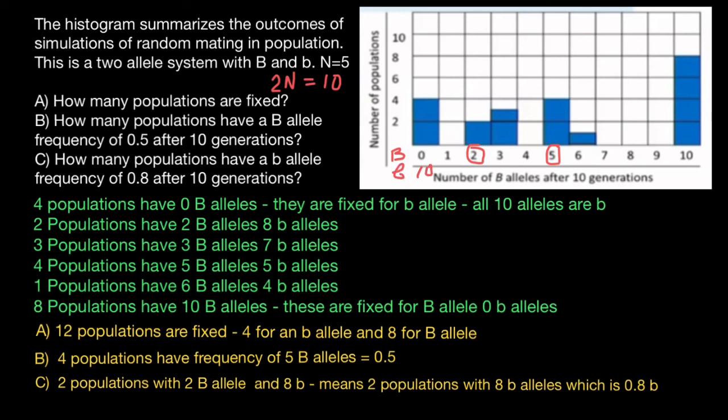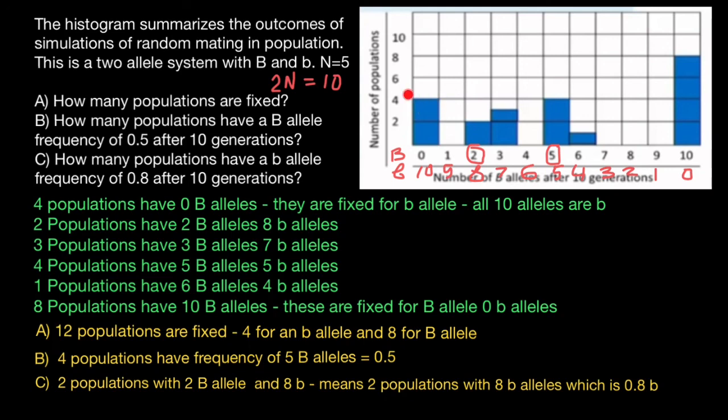So let's build another row here. If we have 1 dominant allele B, that means that the rest is going to be recessive allele b. So 9, 8, 7, 6, 5, 4, 3, 2, 1, and 0 recessive alleles.